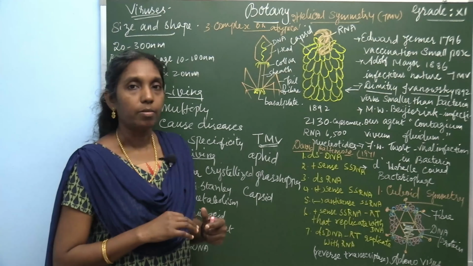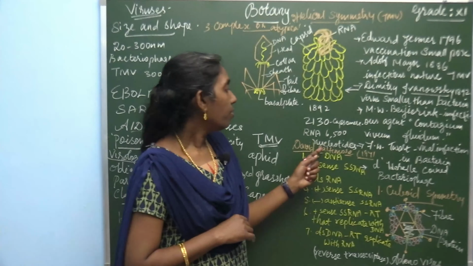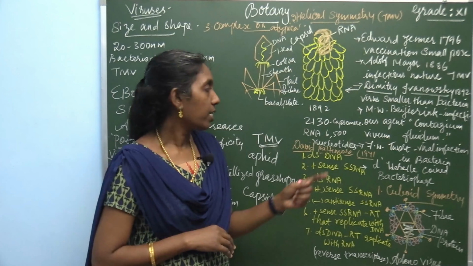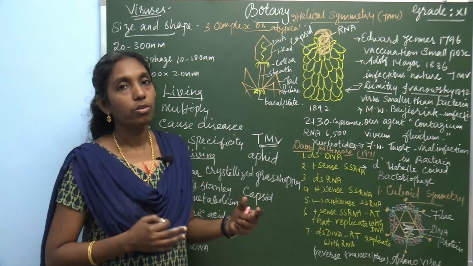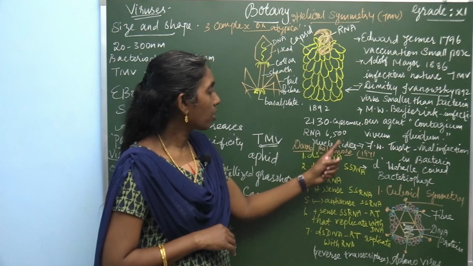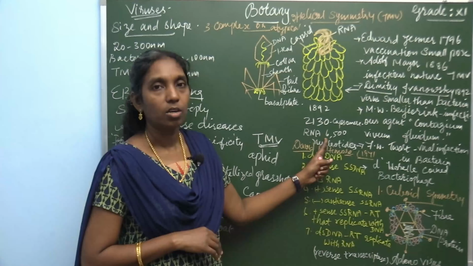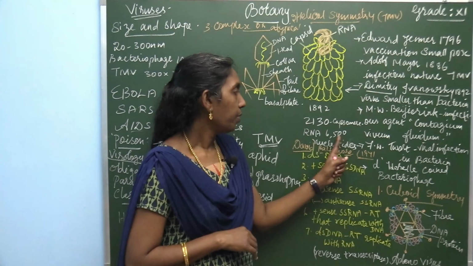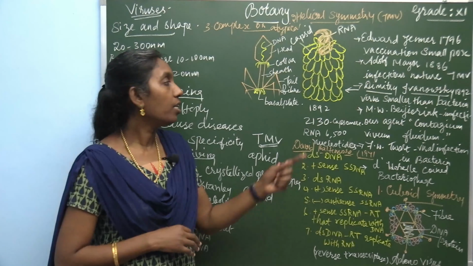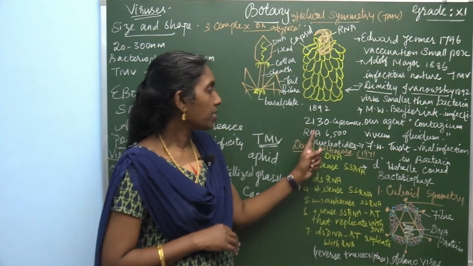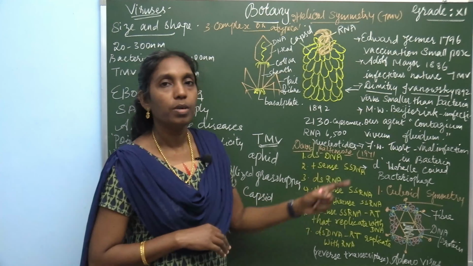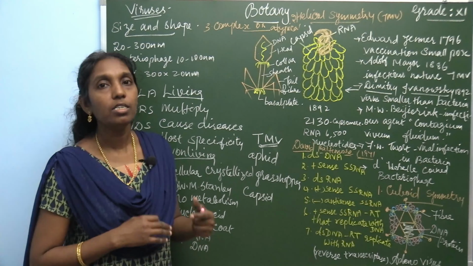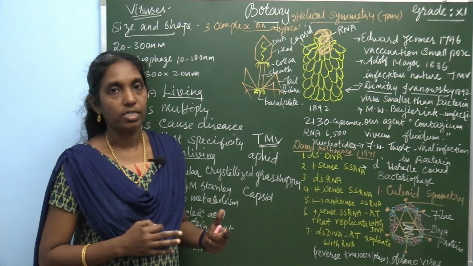And the RNA nucleotides present in tobacco mosaic virus number 6500. So 6500 RNA nucleotides and 2130 capsomeres are present in tobacco mosaic virus.